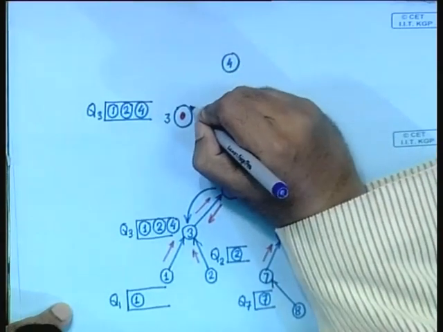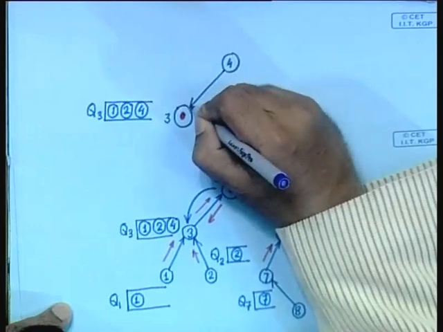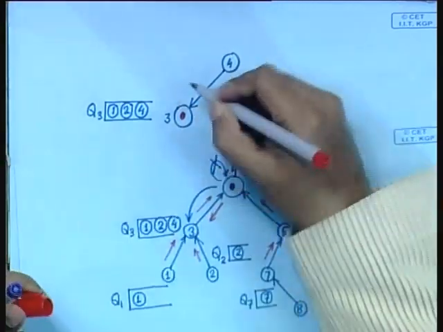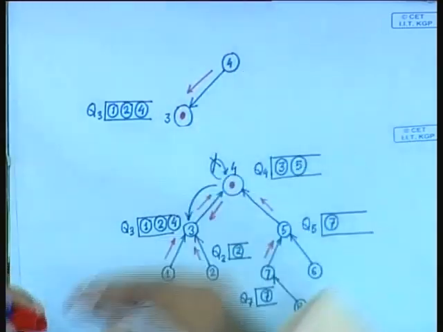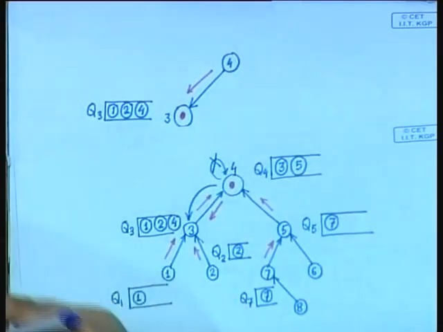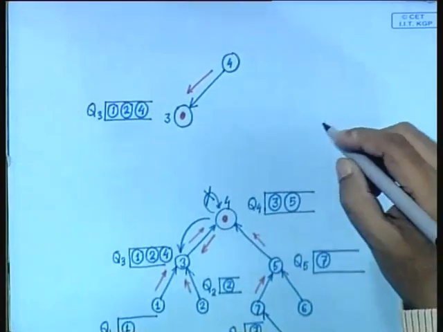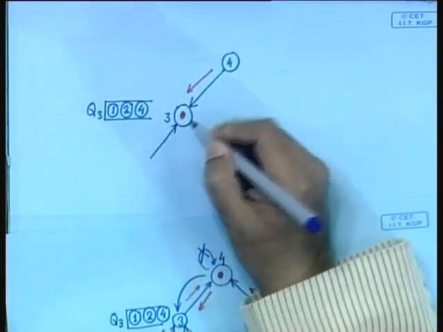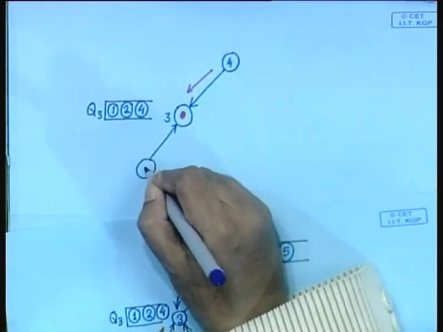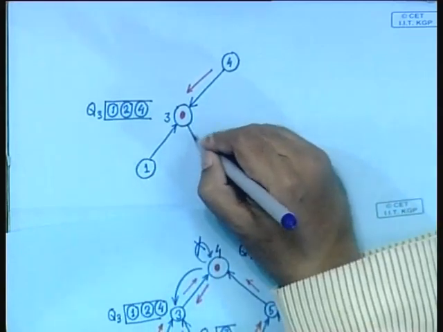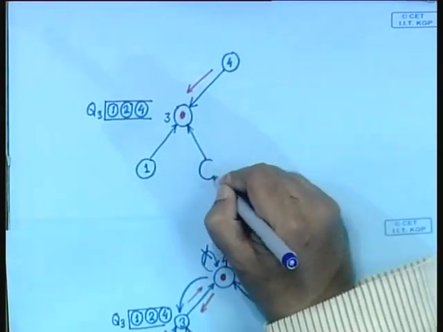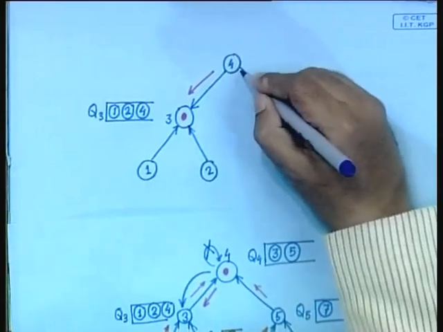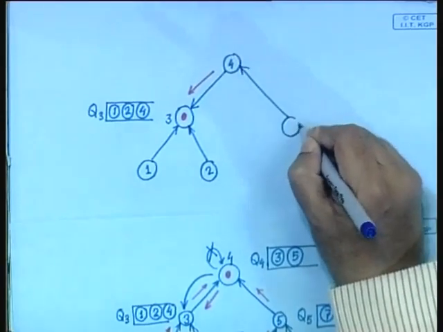The holder variable of 4 is now pointing here, right. There is a pending request along this, right, and rest of the tree remains as it is. So, we had this 1 and 2 here, and we have 5.